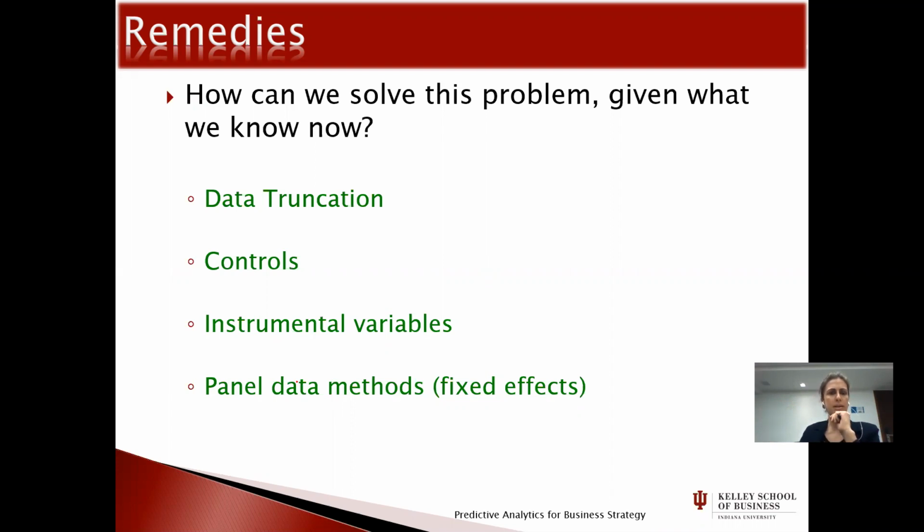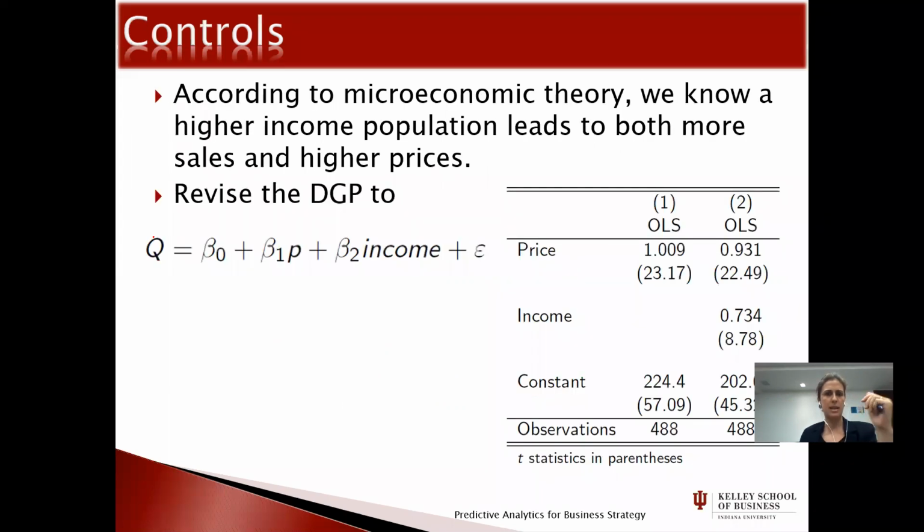Okay, so let's start with the first remedy. The first remedy, something that we discussed last class, is to just bring things out of the error term. And ideally, we would like to include everything that we know is related to price and also sales. So when we think about income, for instance, income being contained in my error term, we know that higher income leads to higher disposable income, which leads to higher willingness to pay and higher willingness to buy.